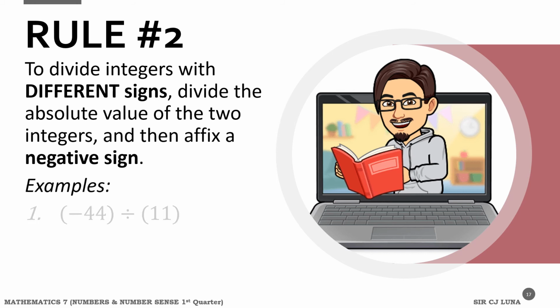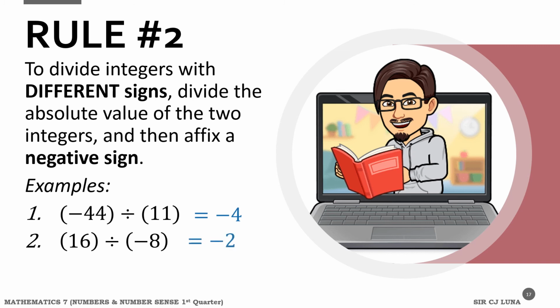For example, negative 44 divided by 11 is negative 4. 16 divided by negative 8 is equal to negative 2. 35 divided by negative 5 is what? That's correct. Negative 7.